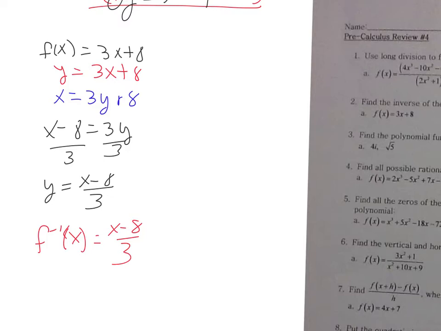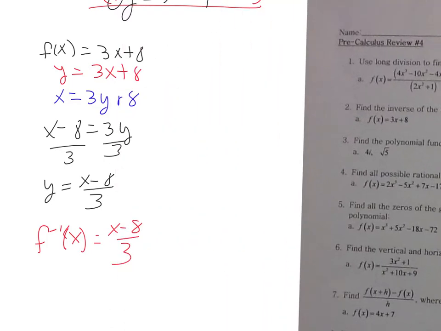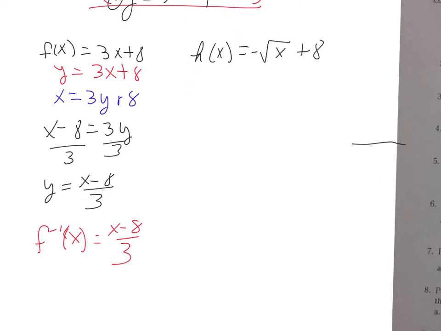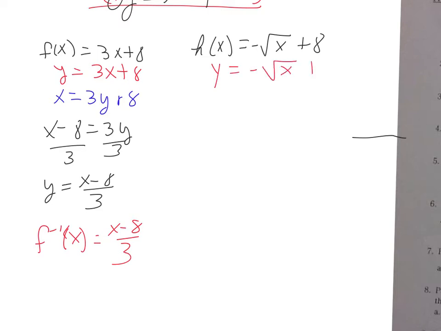Okay, B is h of x. h of x is equal to negative the square root of x plus 8. Oh, sorry, make it y equals negative the square root of x plus 8.